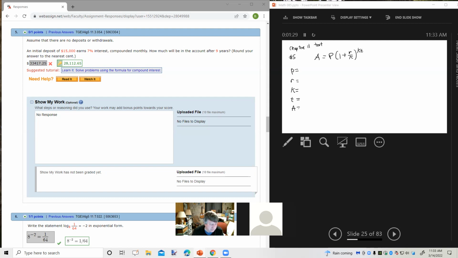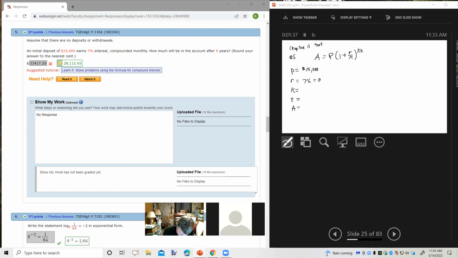An initial deposit of $15,000, so that's P. Earns 7% interest, so that's r, 7%, which is 0.07. Compounded monthly, so k is 12. How much will be in the account after 9 years? So time is 9 years, and A is the unknown. Any questions about the information?